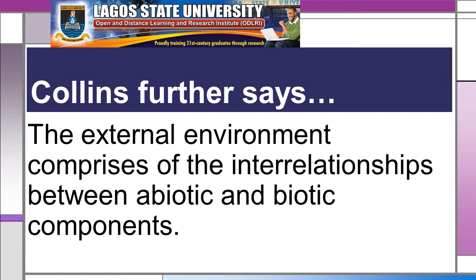So as I said, as you define environment, you will usually define environment with reference to an organism, and then how that organism interacts with other things around it, which is the biotic, other living organisms, and the abiotic. That's quite interesting.